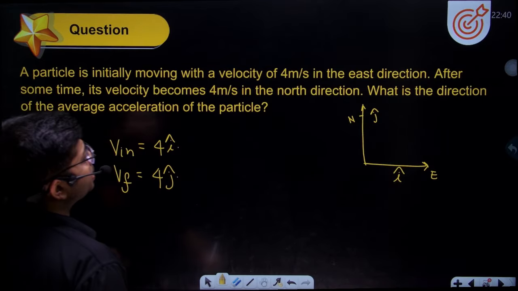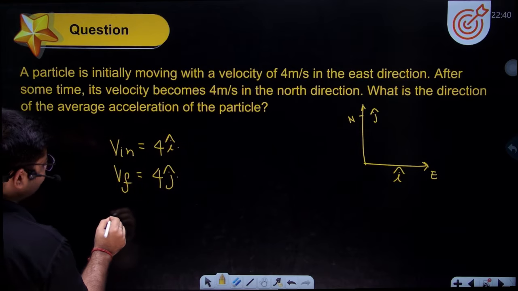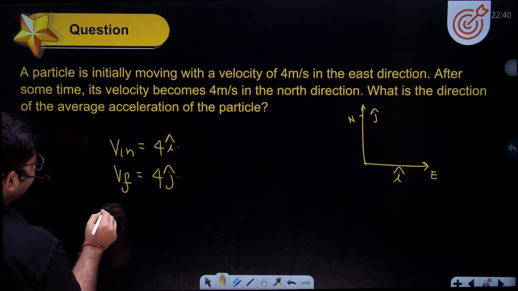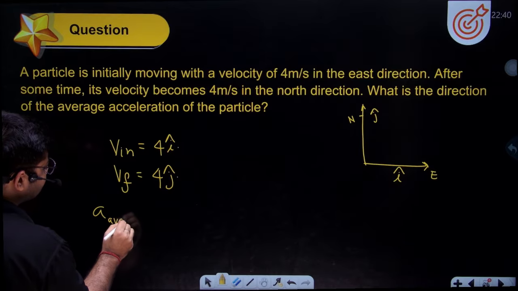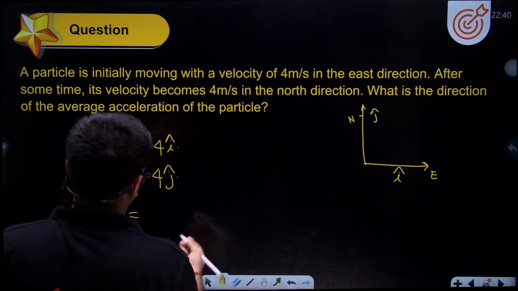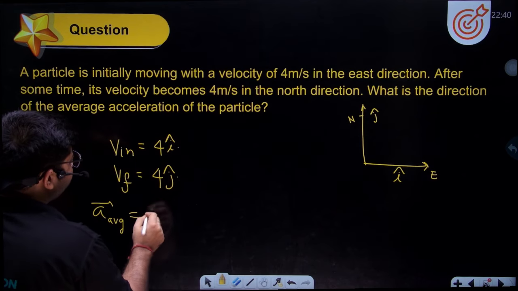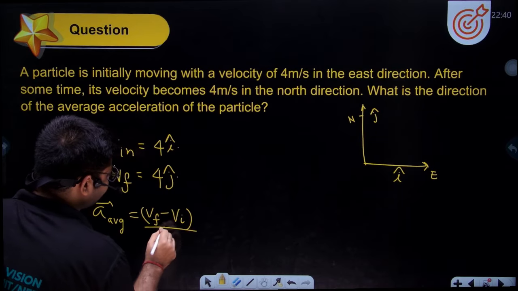Now you see, they are asking what is the direction of the average acceleration. So what is going to be my average acceleration? If I talk about the average acceleration in vector terms, I don't know the time, they have not given it, and it's not required as well. It is going to be Vf minus Vi, divided by some delta t.